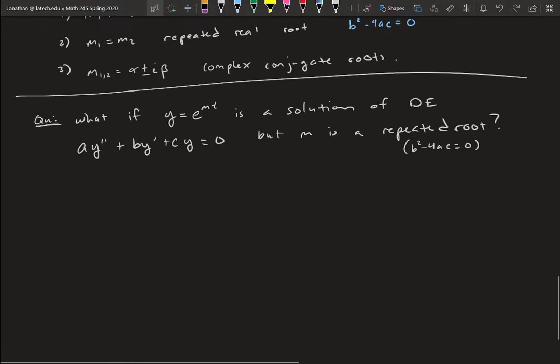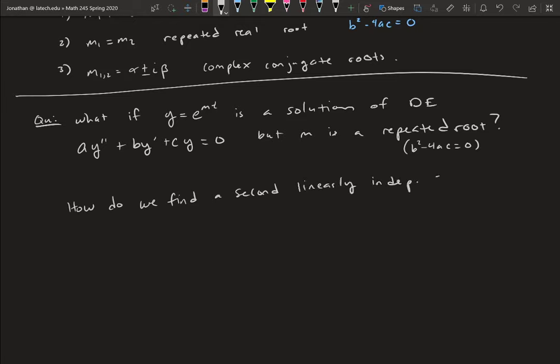So how do we find a second linearly independent solution? The answer is reduction of order.